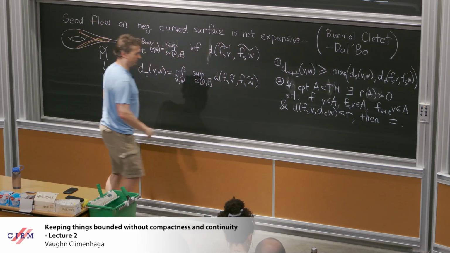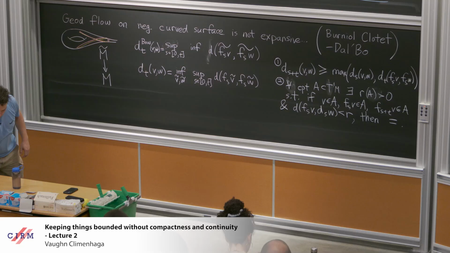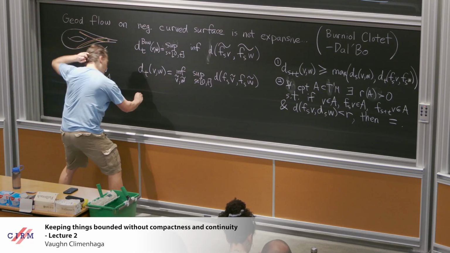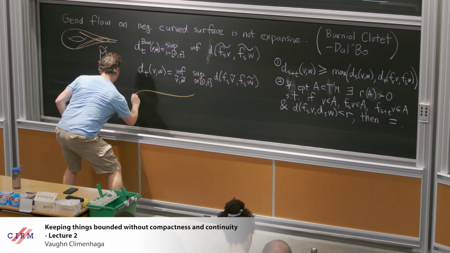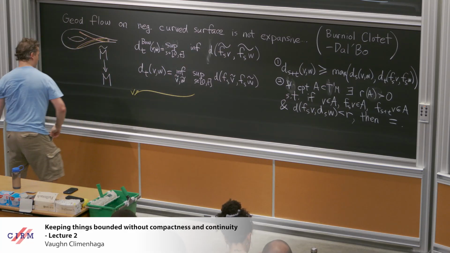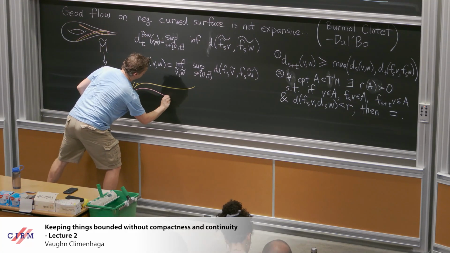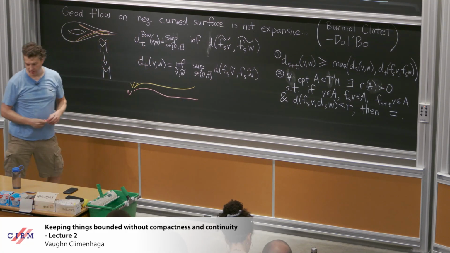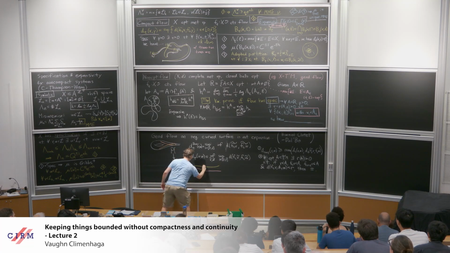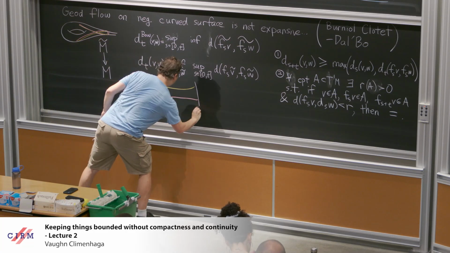So let me interpret this mass of symbols and then I will stop. The idea here is that you have two orbits. Say this is the orbit of V, and this is the orbit of W. And if you want to compare how close these are, you can look at time 0, time s, time s plus t.